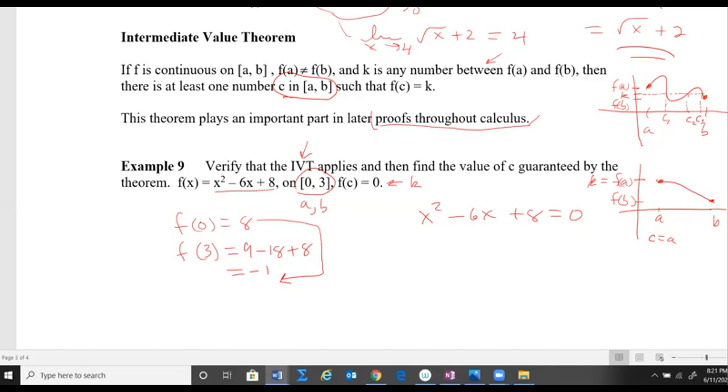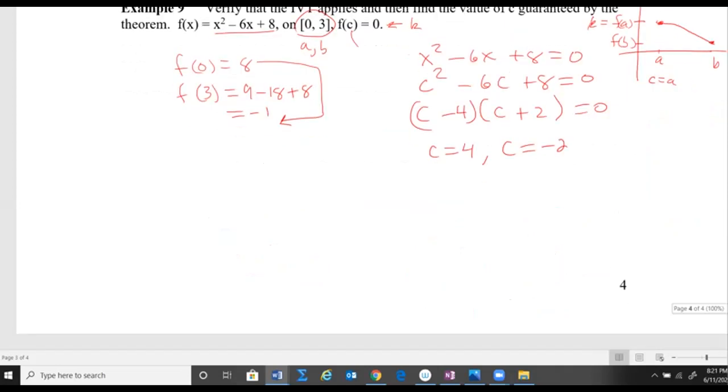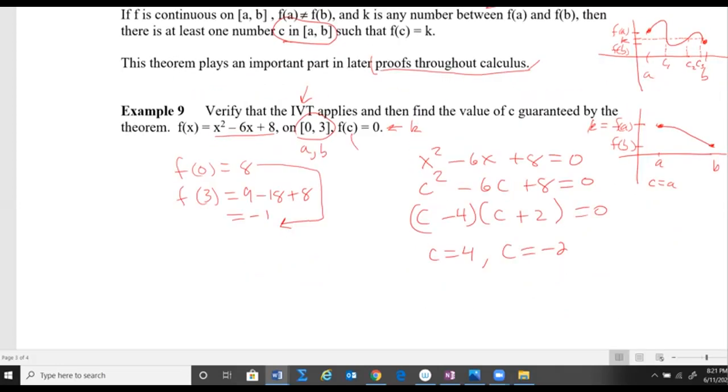Now we're going to calculate that c right now. So you might say c squared minus 6c plus 8 equals 0. This does factor, so we have a c minus 4 and a c plus 2. So c equals 4 and c equals -2. Now, it guaranteed there was at least one. We got the 1 here.